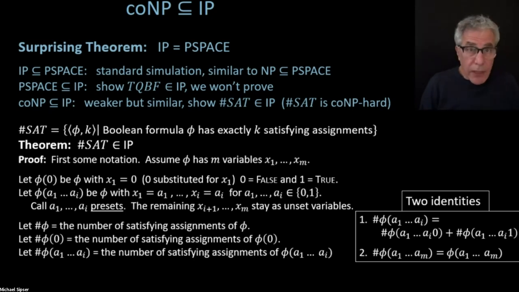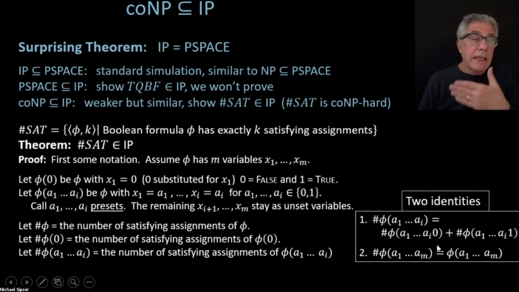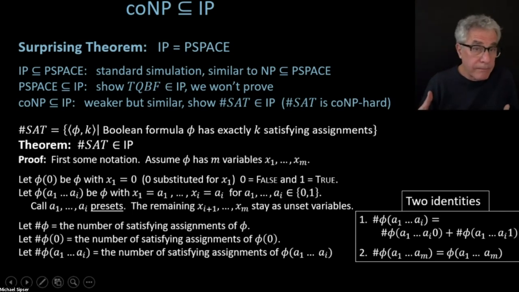And this just generalizes when I look at having already preset the first i variables. If I preset the first i variables to these i values, the number of satisfying assignments I get there is the number of satisfying assignments I get with those presets plus the next variable being set either to 0 or to 1, and then you add those up. The same idea.